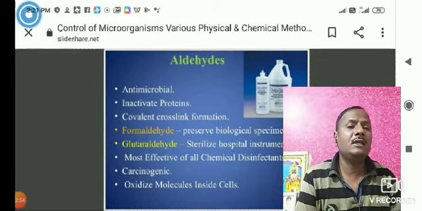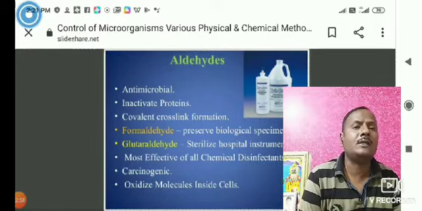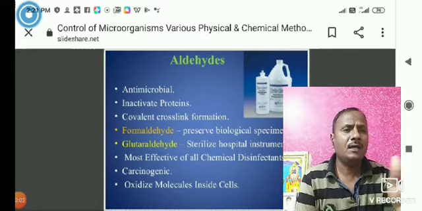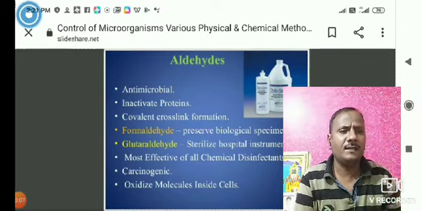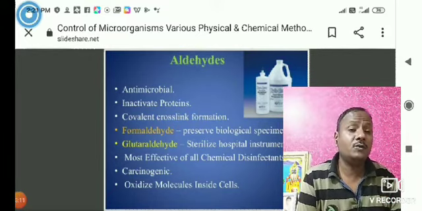Then the next mode of action of the aldehyde group is covalent cross-link formation. Whatever the covalent bonds present between the proteins, between any parts, they generally affect. They are an effective chemical agent.